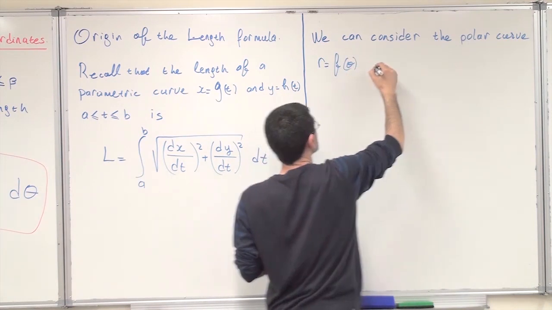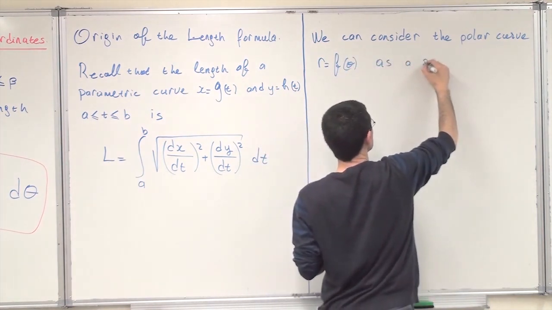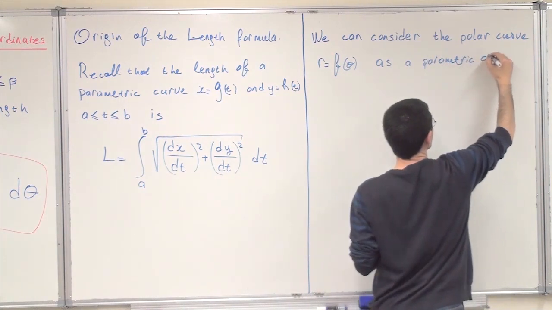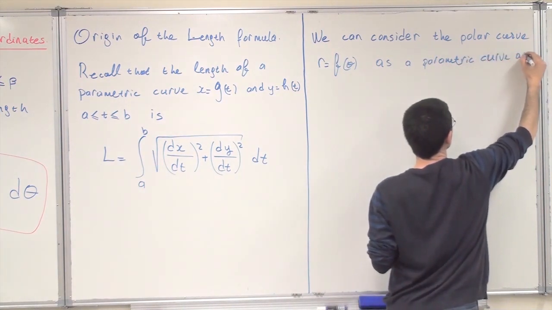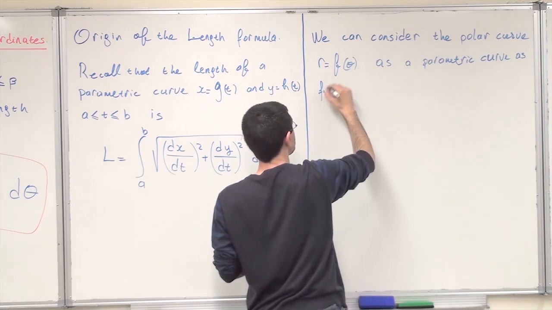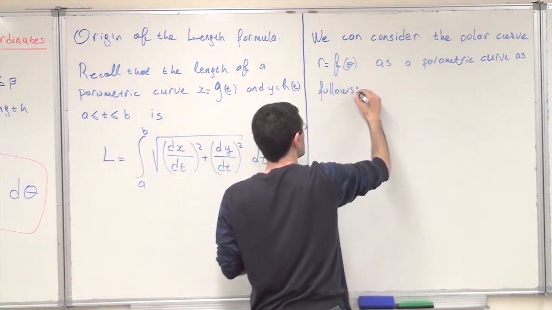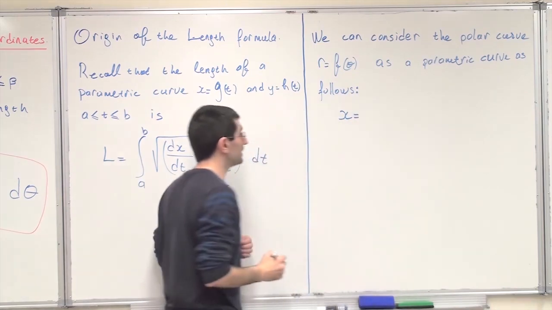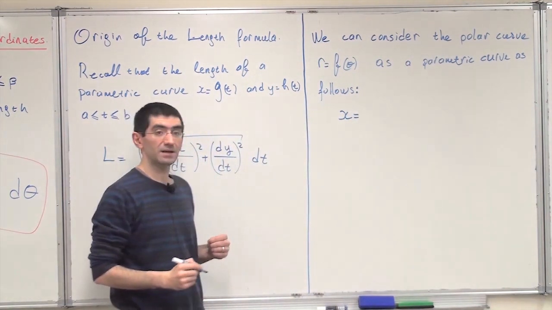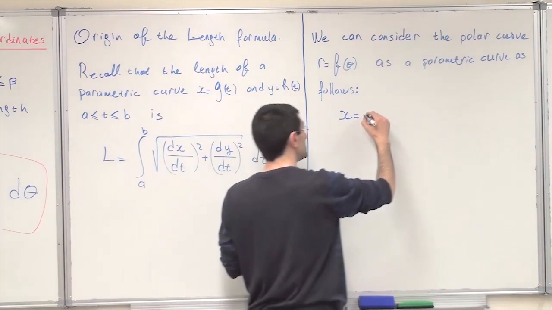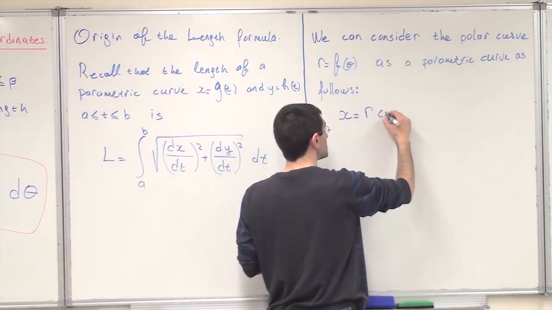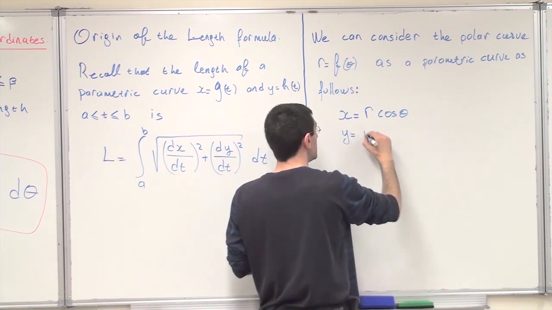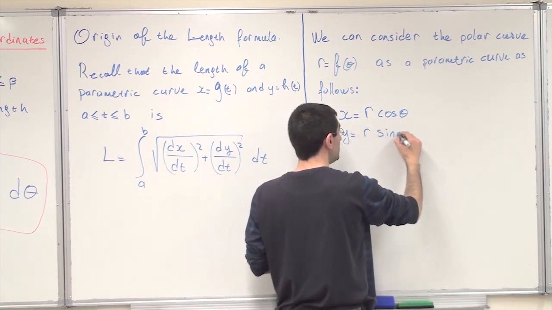Polar curve r as a parametric curve, as follows. We know the relation between the Cartesian coordinates and the polar coordinates. x is equal to r times cosine theta, and y is equal to r times sine theta.